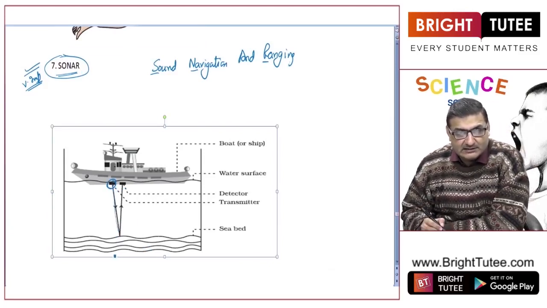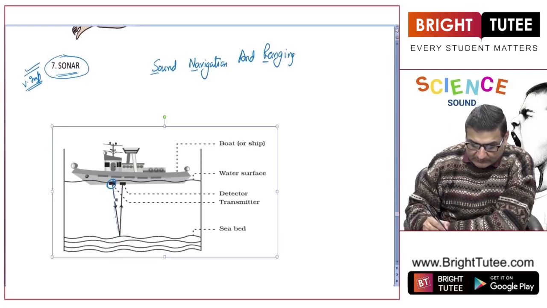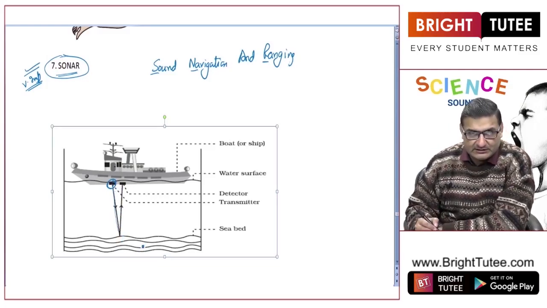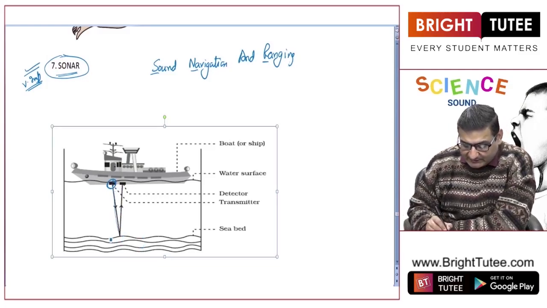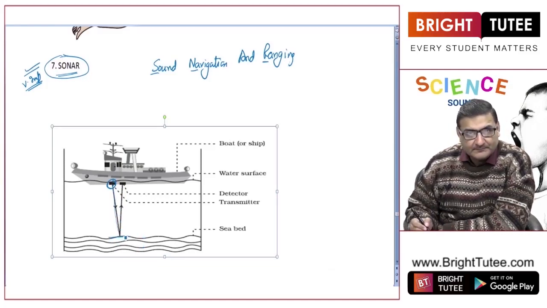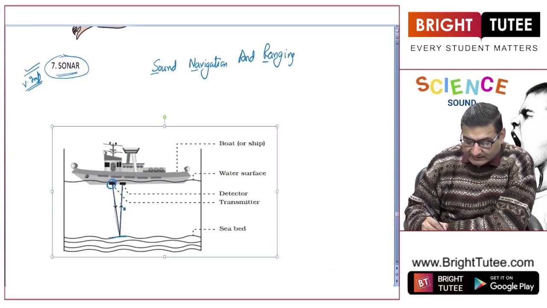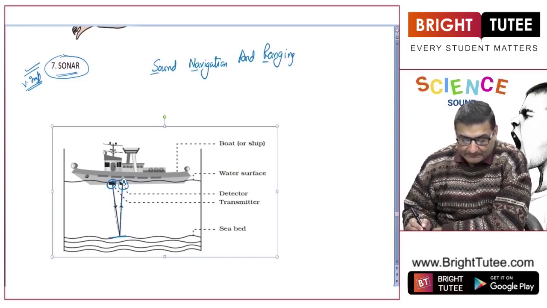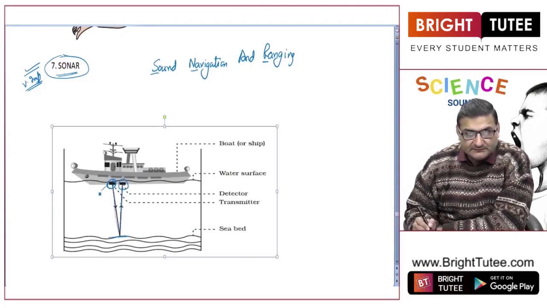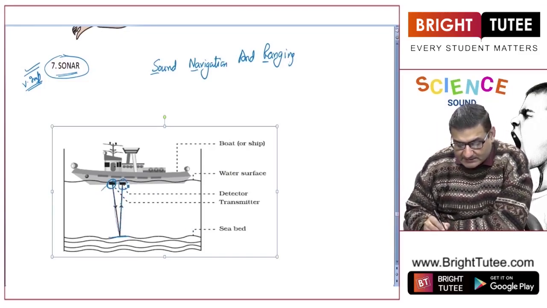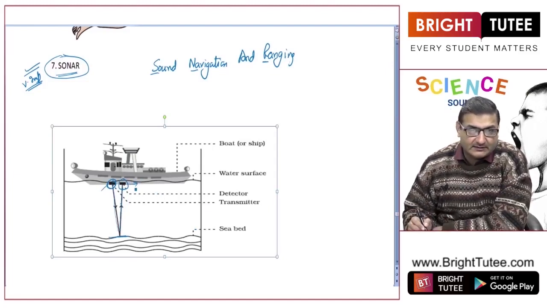Now these ultrasound waves, traveling through water in the depth of the sea and ocean and aquatic bodies, will strike the bottom and reflect back. Now the reflected ultrasound waves are caught by a detector. So there is a transmitter which transmits, and there is a receiver or a detector.